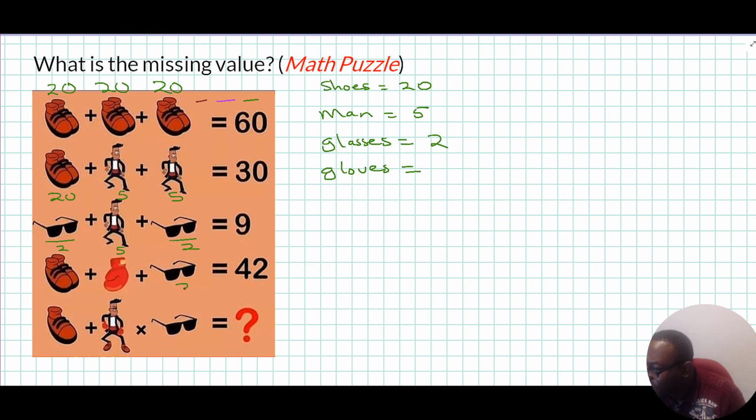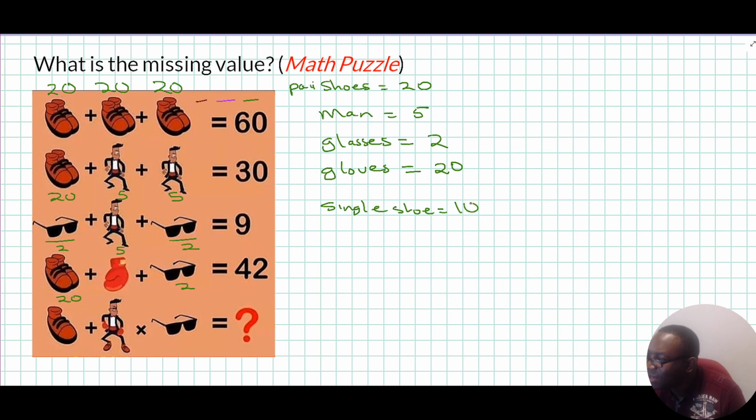We have 2 here, we have 20 here. So that's 22. So gloves equal to 20. All right, so now we get to the row that has our missing number. So we have shoes, let me say pair of shoes. So you have a pair of shoes for 20. So a single shoe is equal to 10.